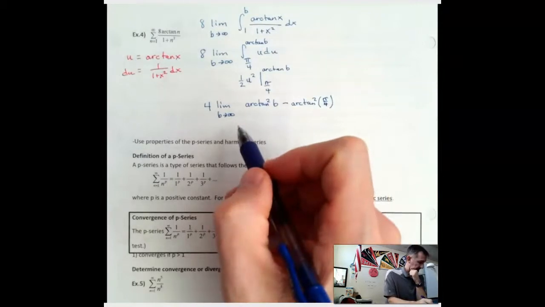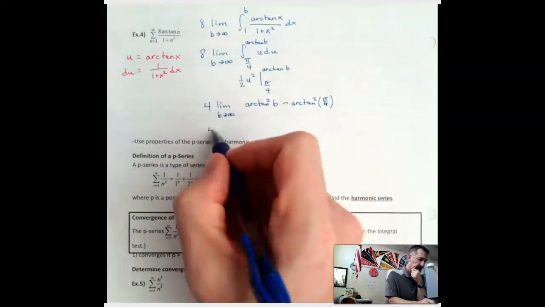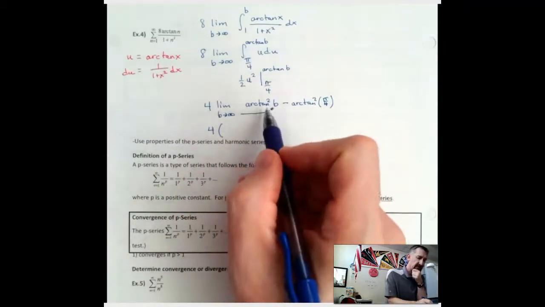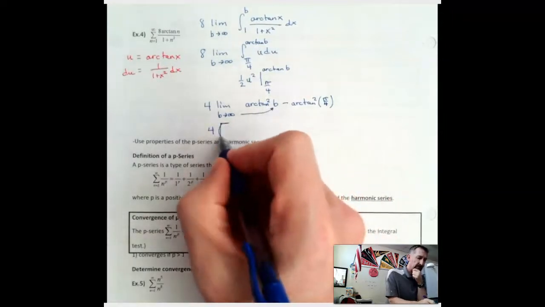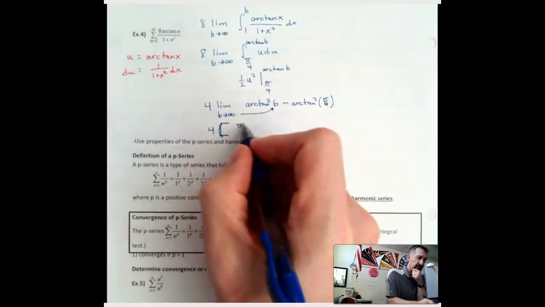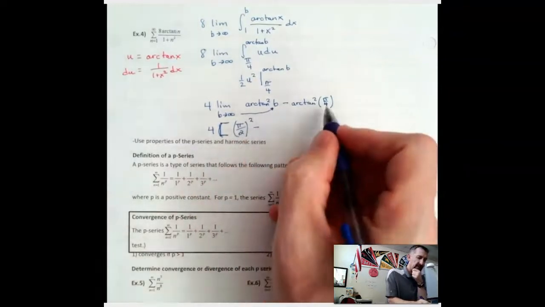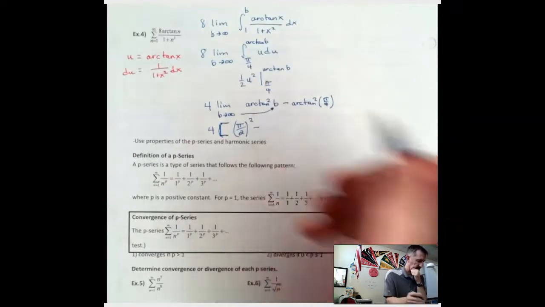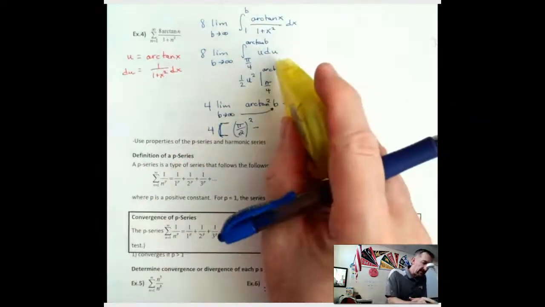As b approaches infinity, the arctan is going to be pi over 2. So we're going to have pi over 2 squared minus pi over 4. This is not arctan, the arctan was just up here.